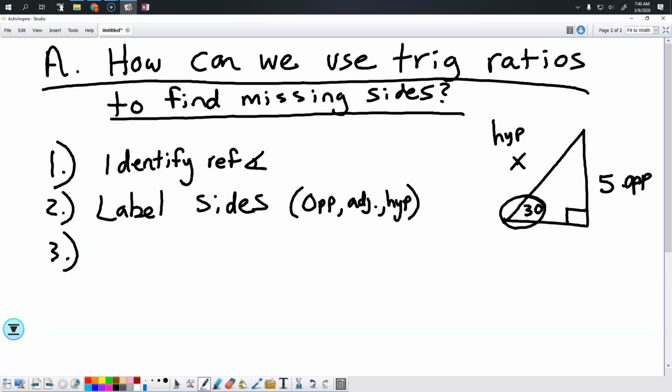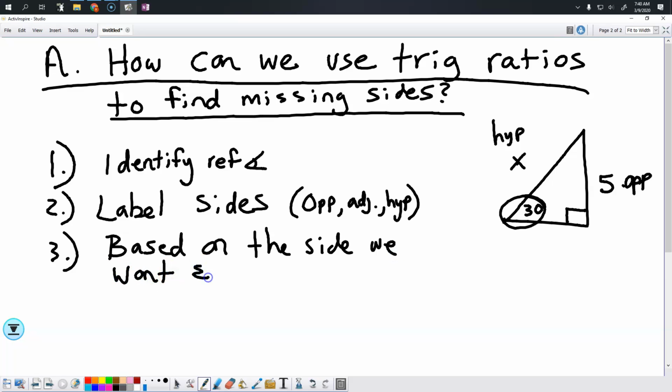Okay, so based on the side that we want and have.